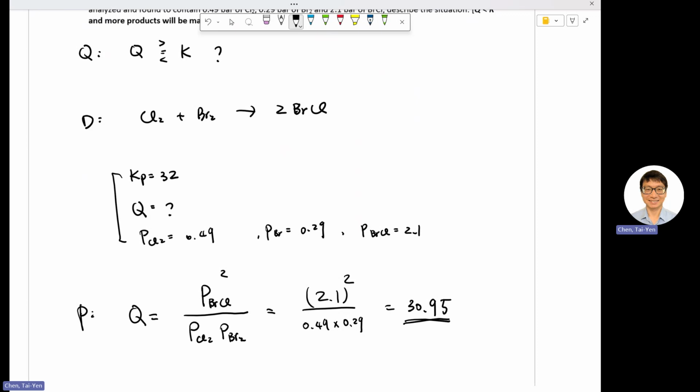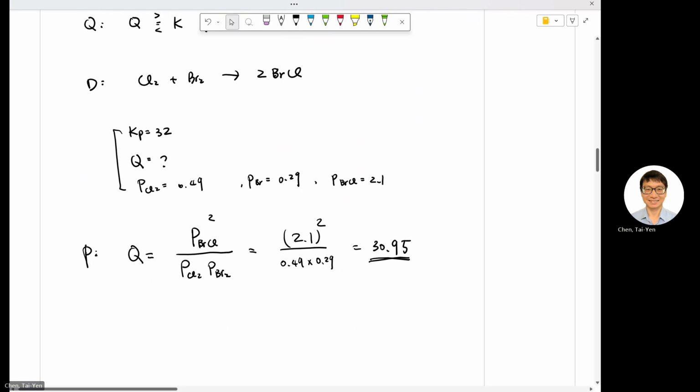So this is your Q. To be more specific, since it's all calculated using pressure, this is your Qp. Then you compare it to your Kp, which is 32. Therefore, your Qp is smaller than your Kp, which means you don't have enough product.